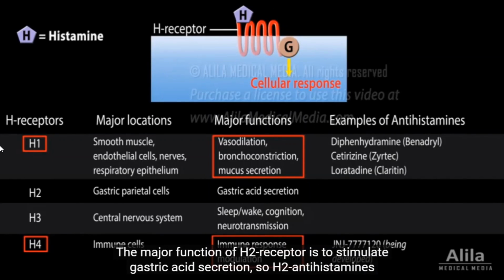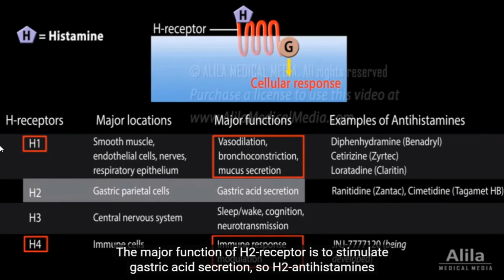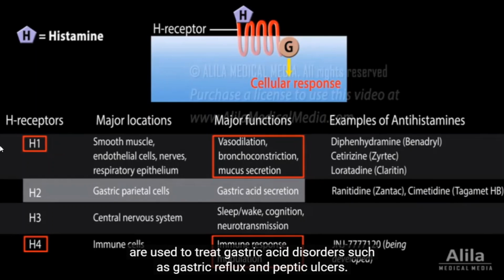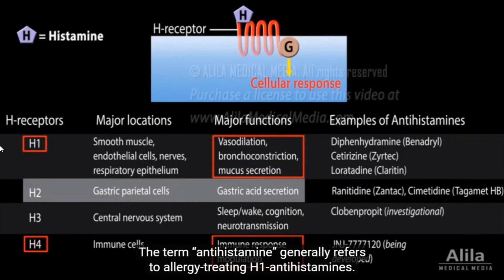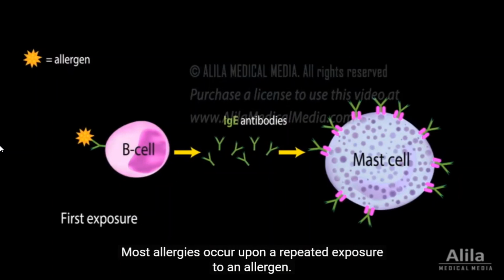The major function of the H2 receptor is to stimulate gastric acid secretion, so H2 antihistamines are used to treat gastric acid disorders, such as gastric reflux and peptic ulcers. The term antihistamine generally refers to allergy-treating H1 antihistamines. Most allergies occur upon a repeated exposure to an allergen.